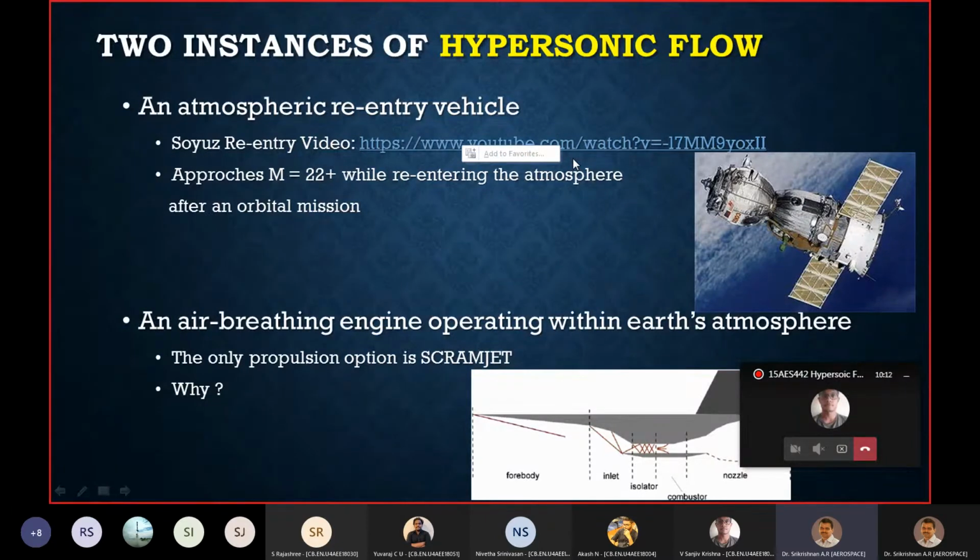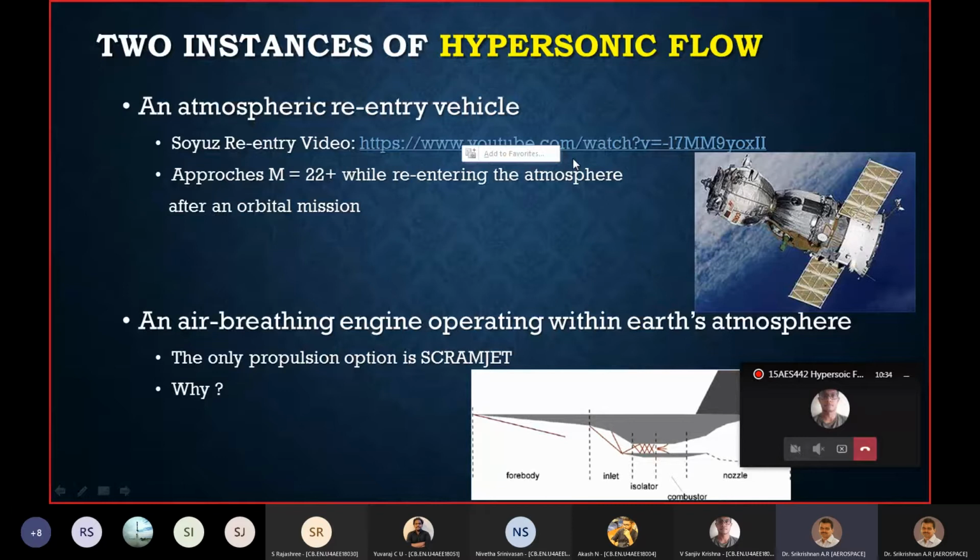Any of you, please, if you can unmute and tell me, why do we have to switch to scramjet beyond Mach 5? What do you recall from propulsion? You can just tell what you think.